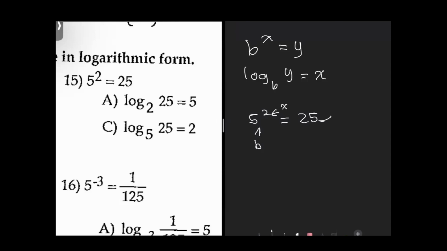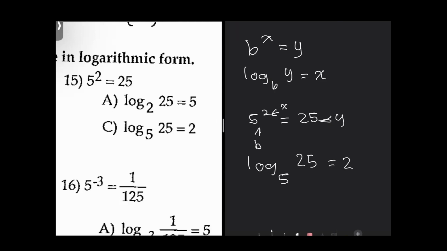And the 25 would be the y. So if we convert to log, you have log, the b is the 5, the y is the 25, and the x is the 2.